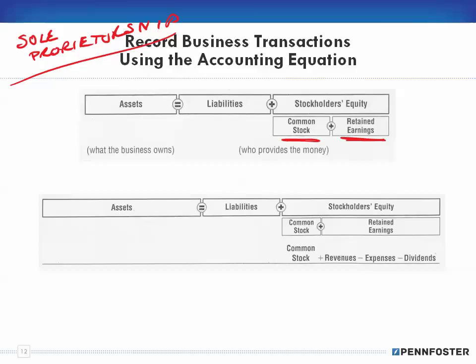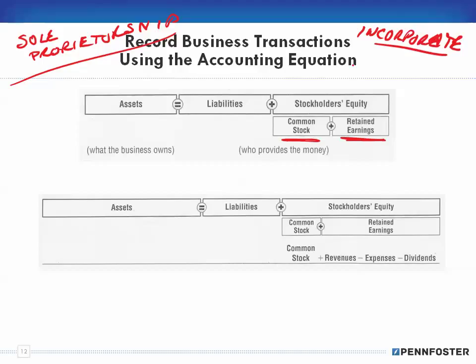But that owner can decide to incorporate the business, and therefore create shares of stock in the company. From a financial accounting perspective, that's how the information is taught.